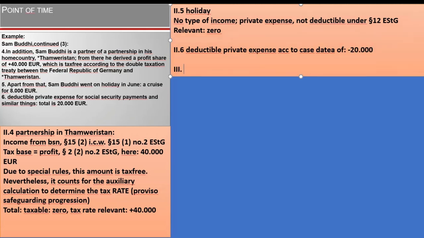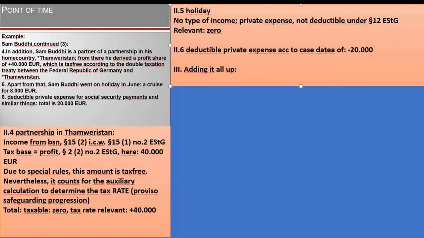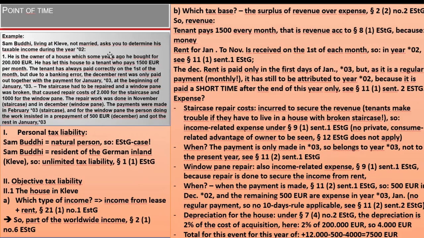So let's go to third, summing it all up, or adding it all up. Well, now we have because of number 1, and now permit me to go back for a second. The total of number 1 was 7,500.